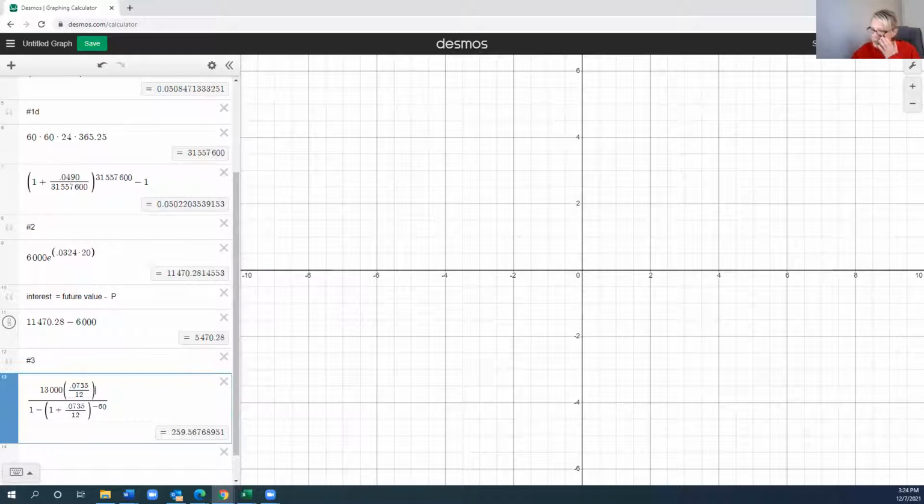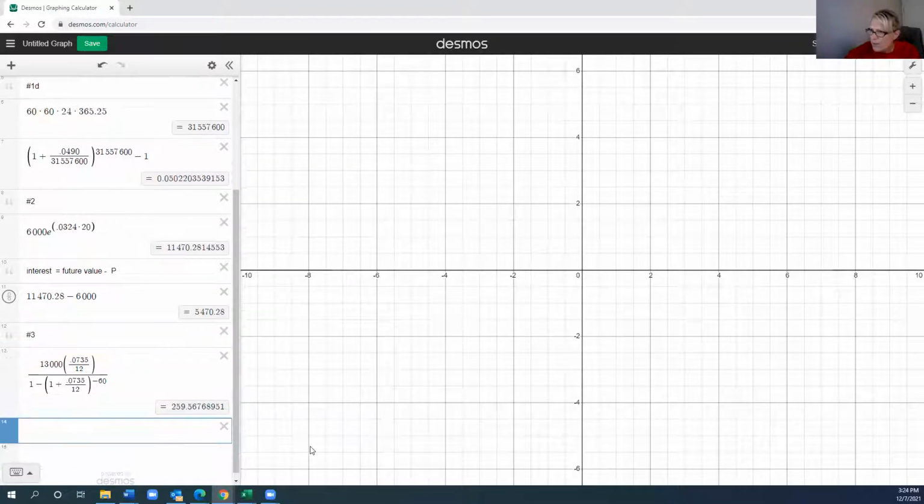Okay, now if I wanted to figure out the total that I'm going to pay for my car, I'm just going to make a note here. Like I said, the question on this was kind of goofed up, so I'm just kind of going with this car thing that we learned about. So thinking of some things I might ask you on the final exam might be total paid for the car.